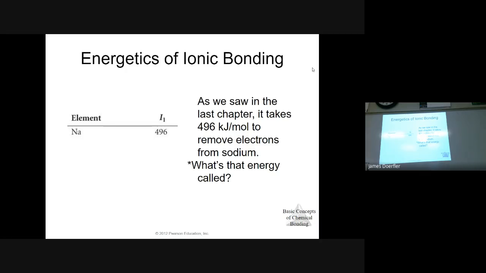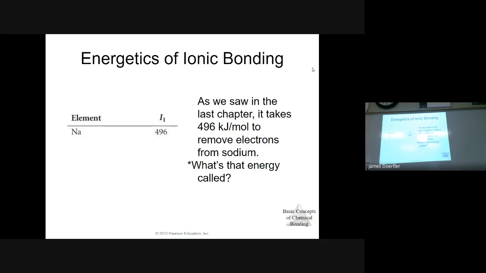Now we're going to start off by talking about ionic bonding, okay? So in the last chapter, we saw that it takes 496 kilojoules per mole to remove an electron from sodium. Does anybody remember what that type of energy is called? Anybody remember?